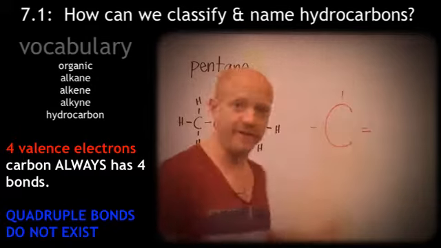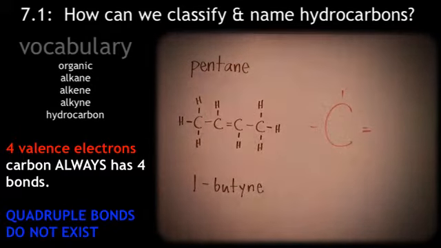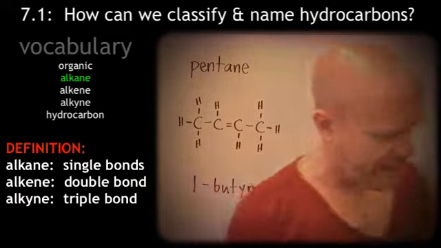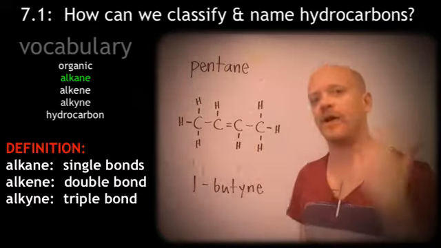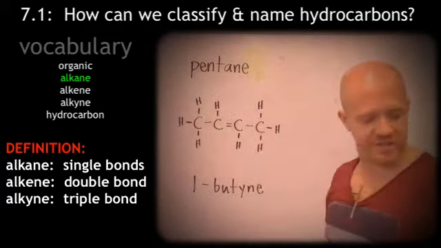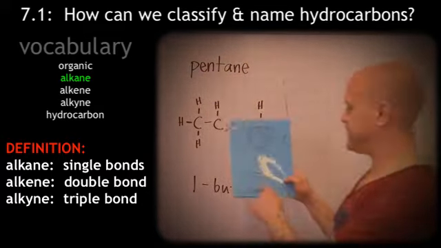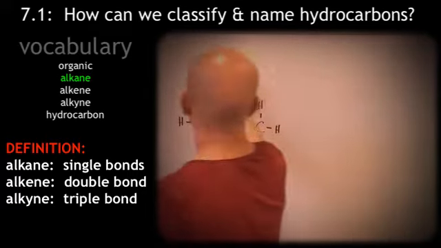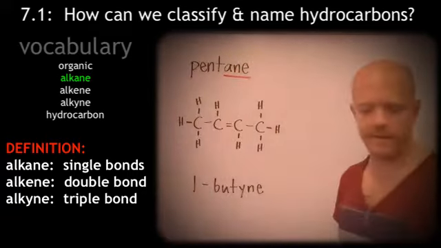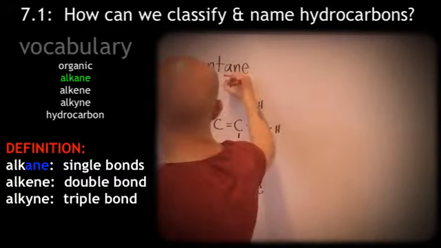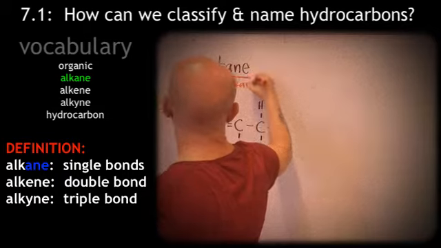Carbon never fails. Now, get out your reference table. We're going to look at the difference between an alkane, an alkene, and an alkyne. According to this reference table, if it has the ending ANE, that tells us that it is an alkane.